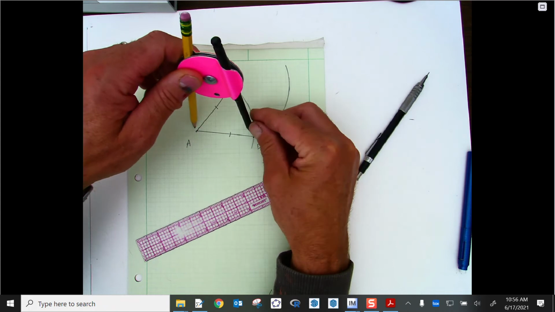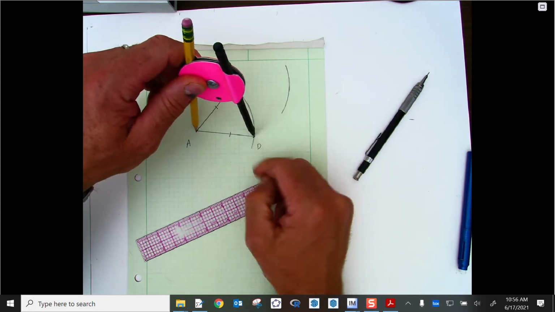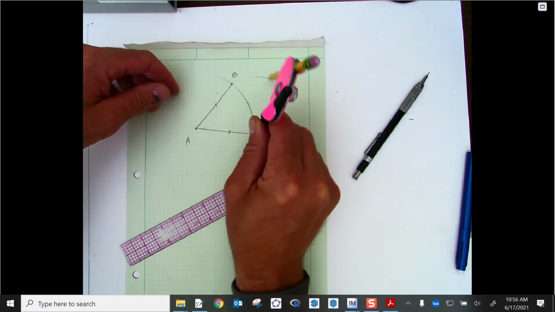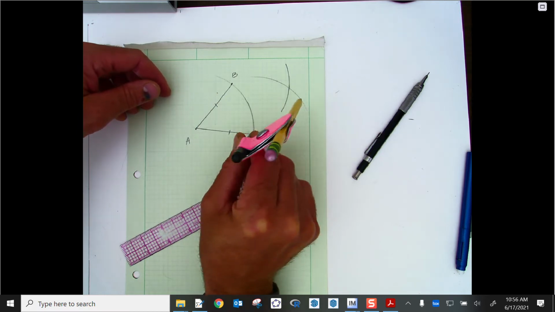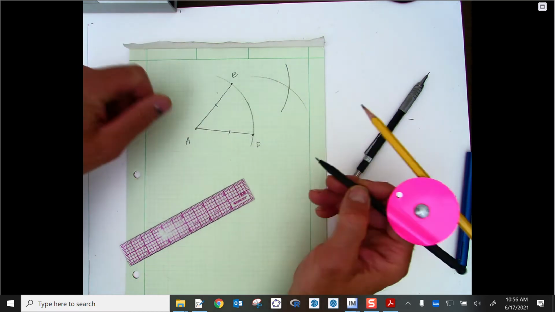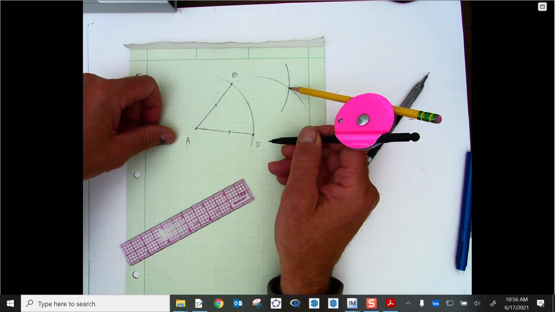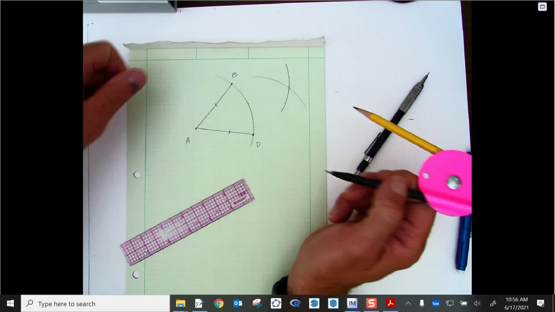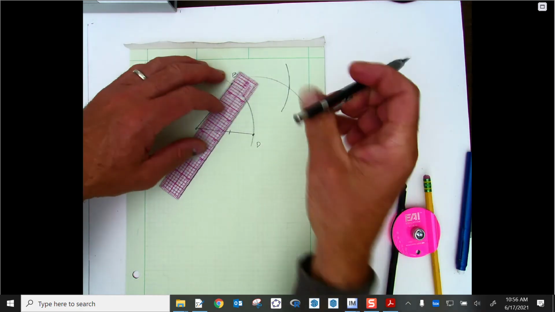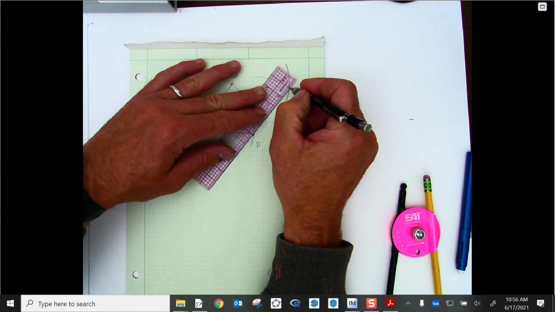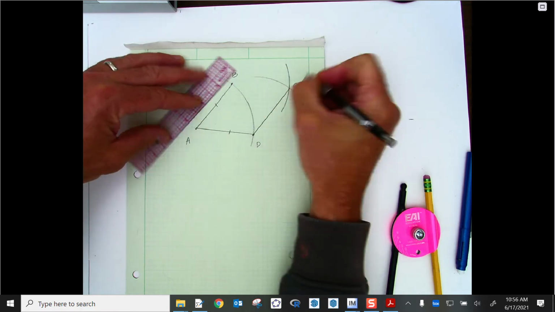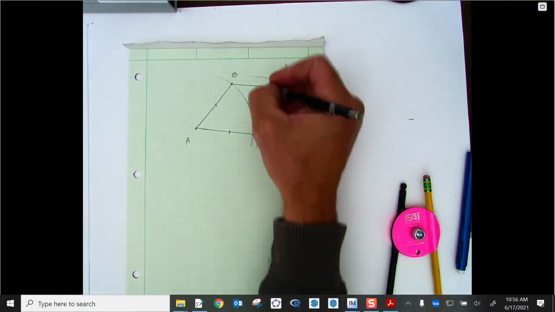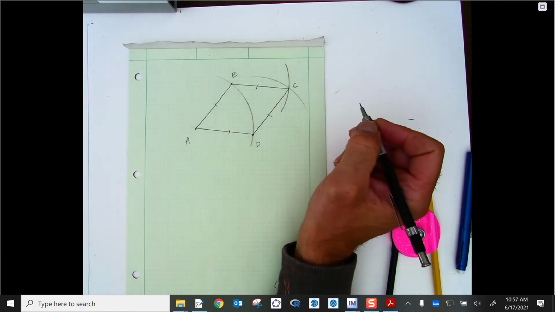The reason I don't have to change my compass is because B to A is the same distance as D to A. But if I put the point at D and do the same game and draw a set of points that are this given distance from D, then I find that the one point that meets the requirements for being that distance from B and that distance from D, I go ahead and draw that in. And of course that's my point C. And I know then that those two guys are the same length, and I'll draw that little dash in there.